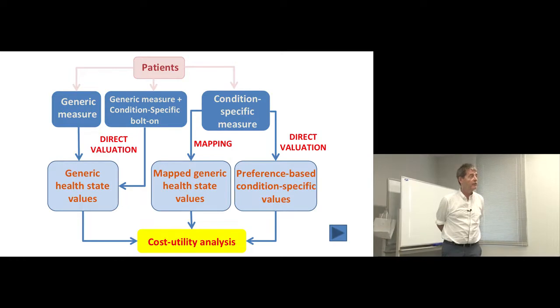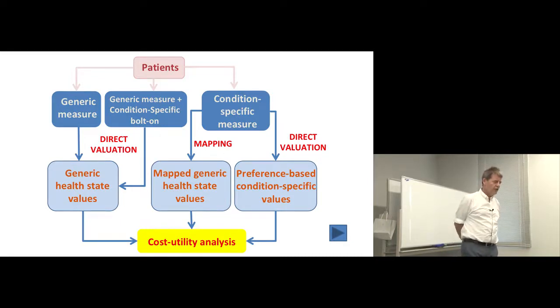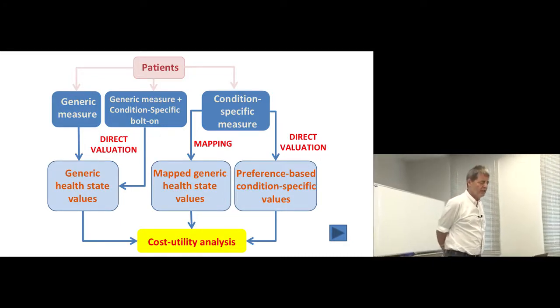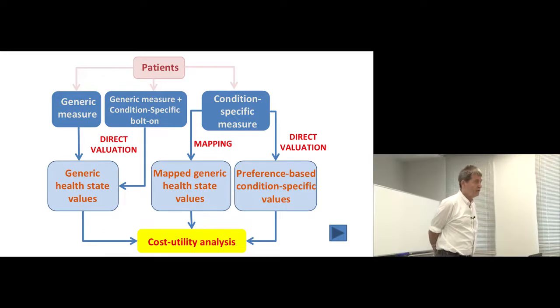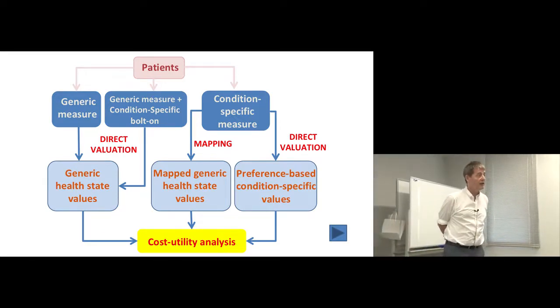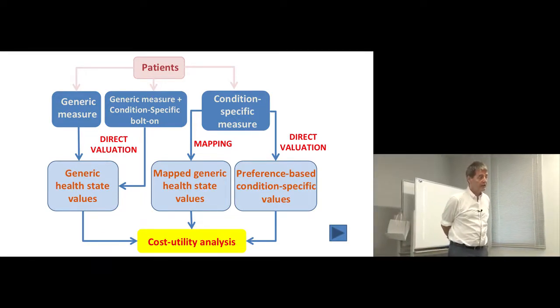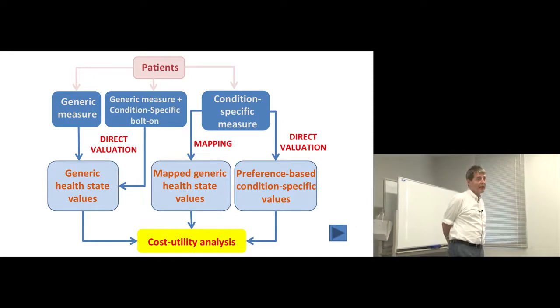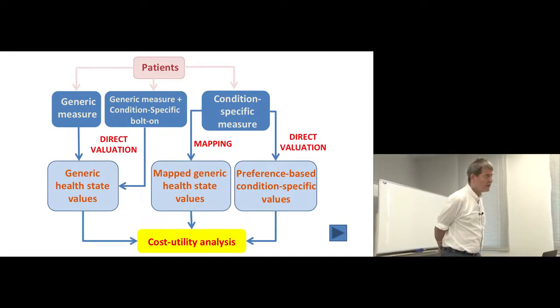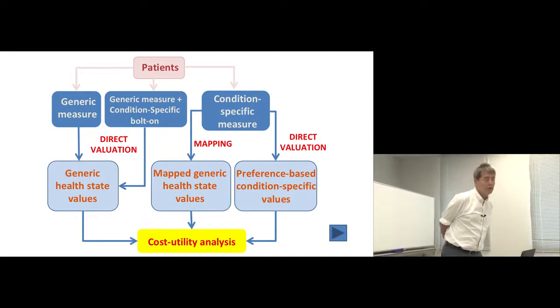An example of this would be, in the case of psoriasis, the typical generic measure is thought not to capture everything that's important to the patient. In particular, for patients with psoriasis, itchiness of the condition is thought important, and also social stigma attaching to severe cases of psoriasis is thought important.